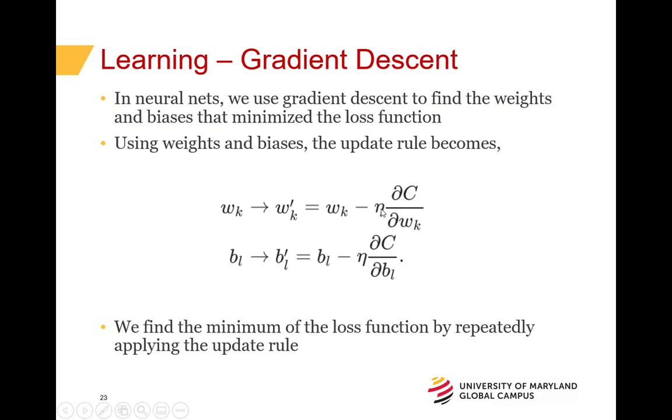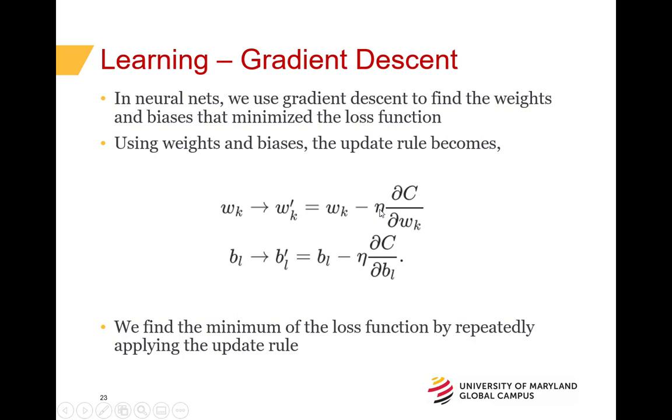Again, eta is the learning rate, a hyperparameter that needs to be determined through heuristic means. You have to try different combinations of things to determine an optimal value, but in general it's a very small value.